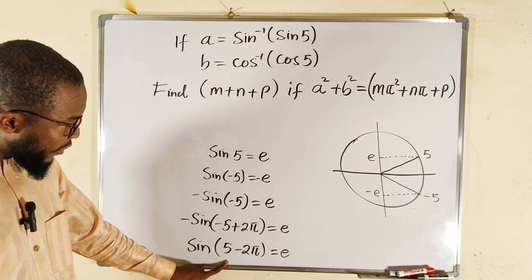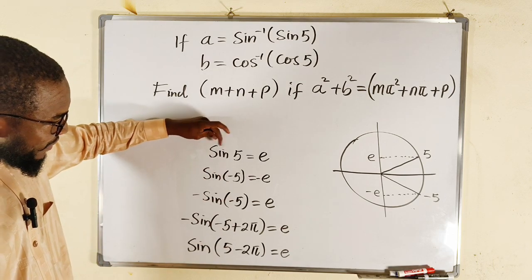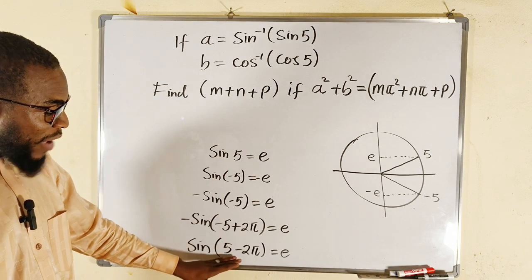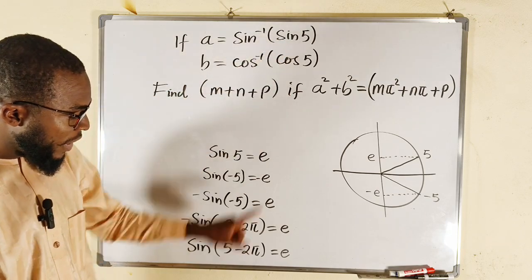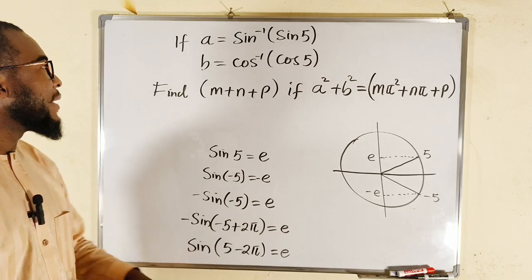What does this mean? It means that if this is equal to E, and this is equal to E, it implies that sine of 5 is also the same thing as sine of 5 minus 2 pi. So instead of this sine 5, we can now simply plug in sine of 5 minus 2 pi.